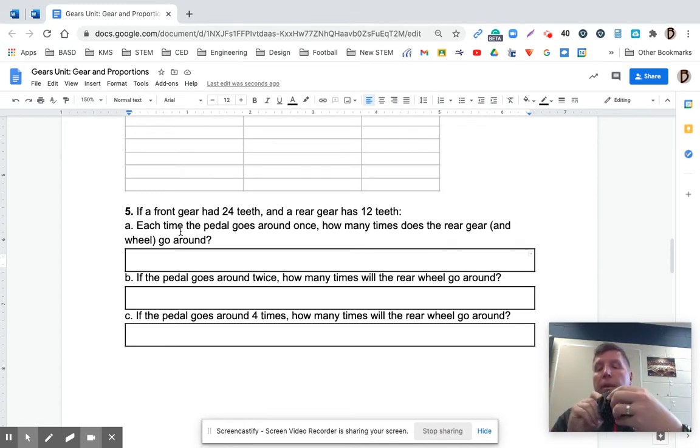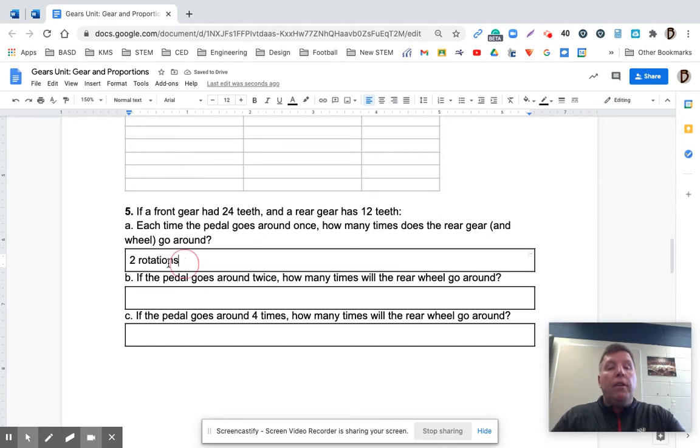And each time that pedal goes around, how many times does the rear gear go around as well? So 24, if I divide it by 12, 12 goes in there twice. So it would be a 2 to 1. Every time that pedal goes around once is going to equal 2 rotations of the back wheel.